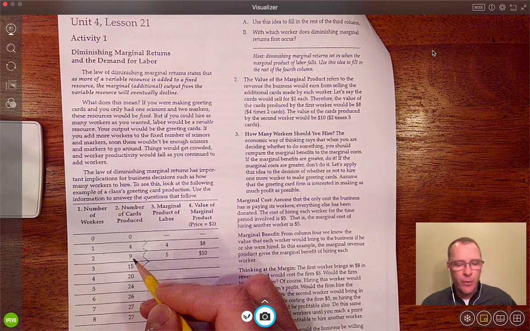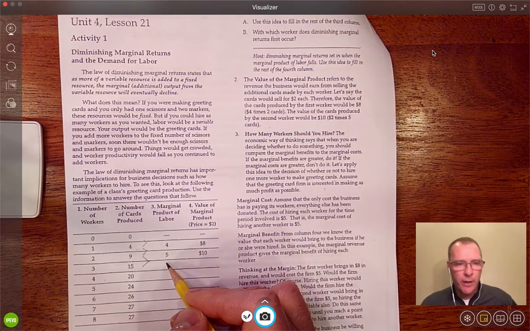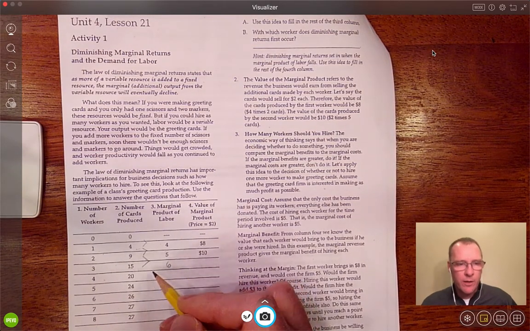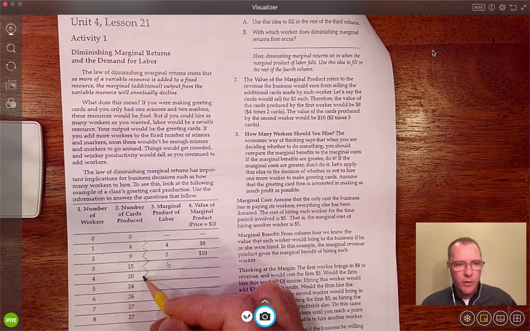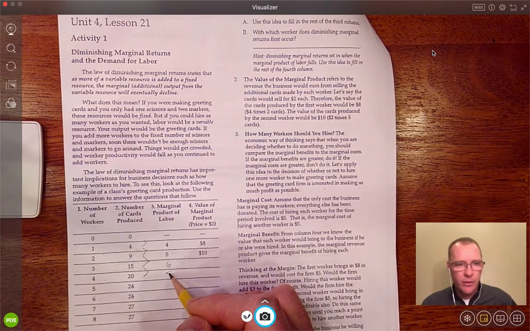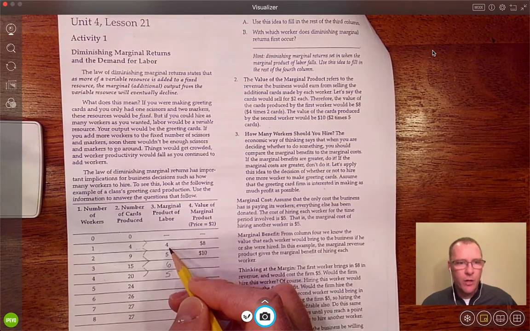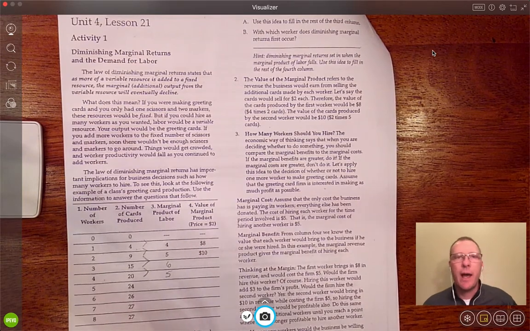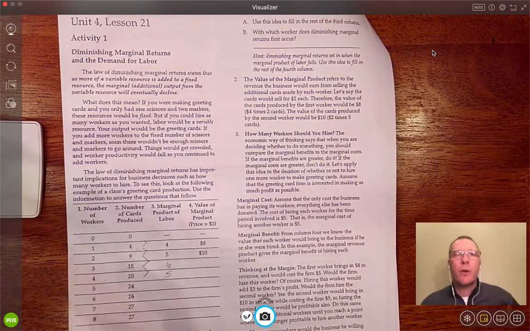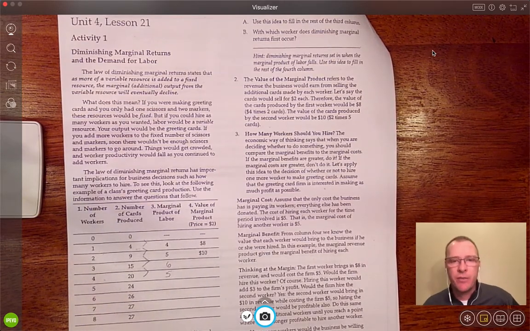For example, the third worker is going to bring in 6 units, and then what starts to happen as I go through is you'll see the next worker is going to bring in 5 units. So this is going to go up to a point, and then it's going to decrease, because as we add more units of hiring, more people, they're going to slowly bring in less stuff.